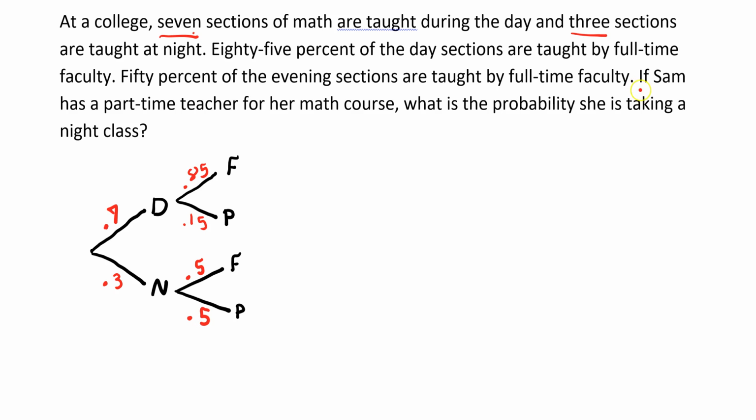The question is, if Sam has a part-time teacher for her math class, what is the probability she is taking a night class? So we're trying to solve the probability of night given part-time teacher.